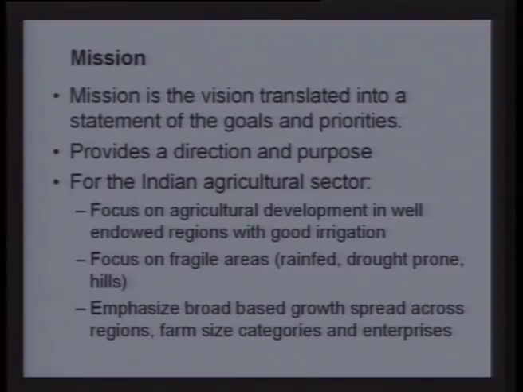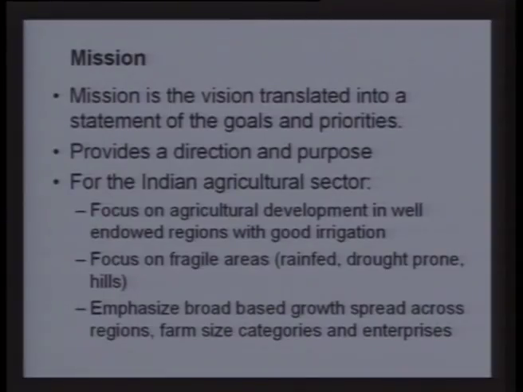If we want to increase food grain production, our mission will be to focus on agriculture development in well endowed regions with good irrigation. Second example, focus on fragile areas, rain-fed, drought-prone hills, like that. The third example is to emphasize broad-based growth spread across regions, farm size categories and enterprises. These are the three missions.